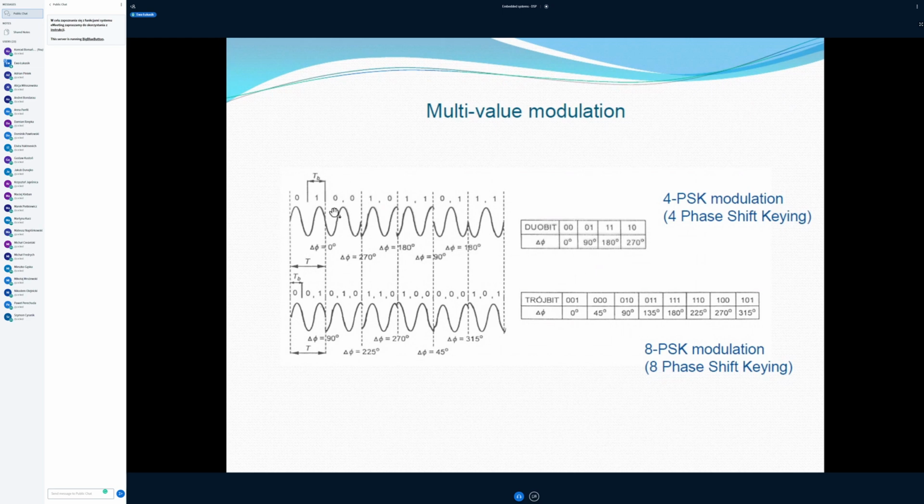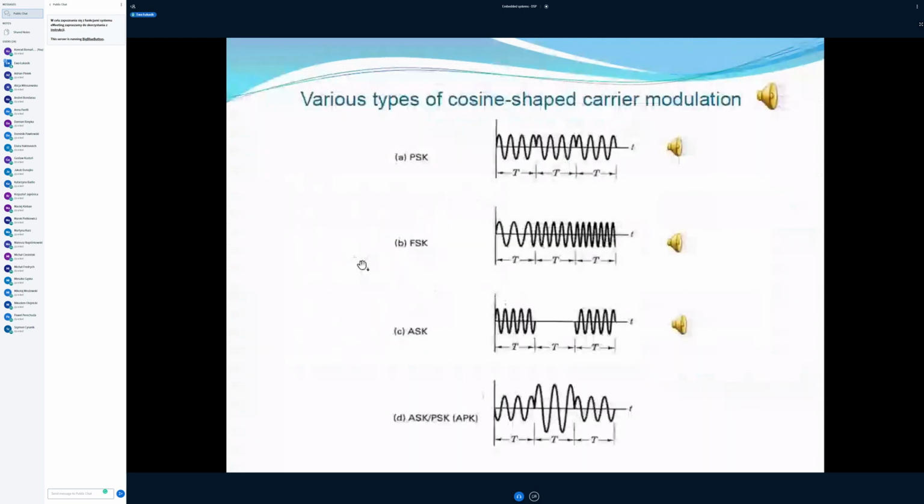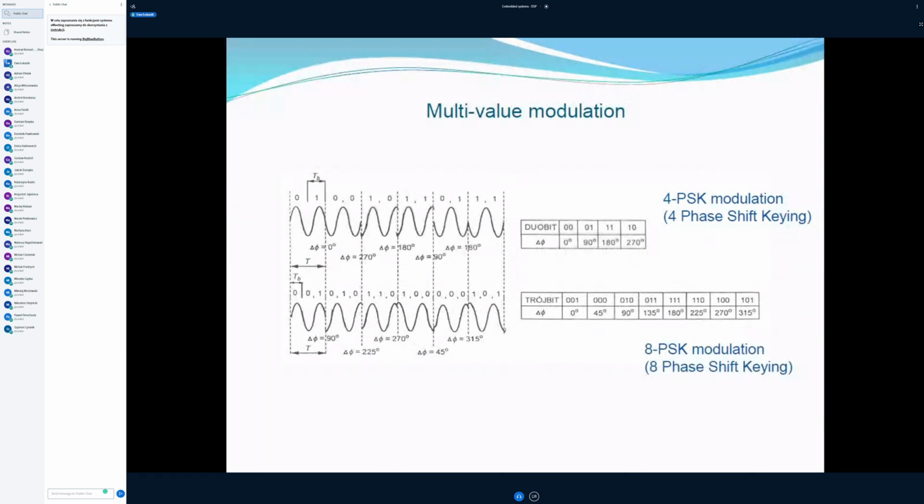You have the carrier, and suddenly this carrier changes its phase by 270 degrees. So you know that another combination of bits is coming, and since we have 4 different phases, we can code here 2 bits.